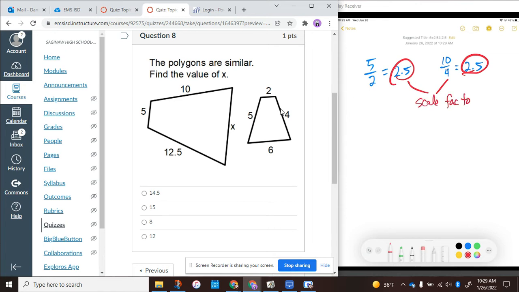And so if we multiply a side on this shape times the scale factor, 2.5, it gives us the side length on this shape. So if we take this 6 times 2.5, that's what's going to give us our x. So 6 times 2.5, that is equal to 15.